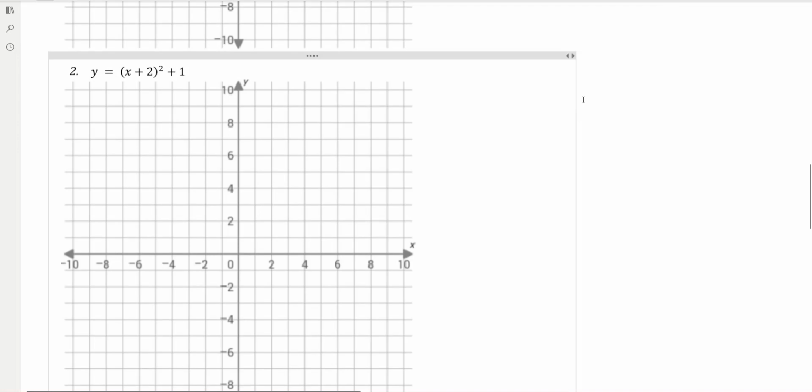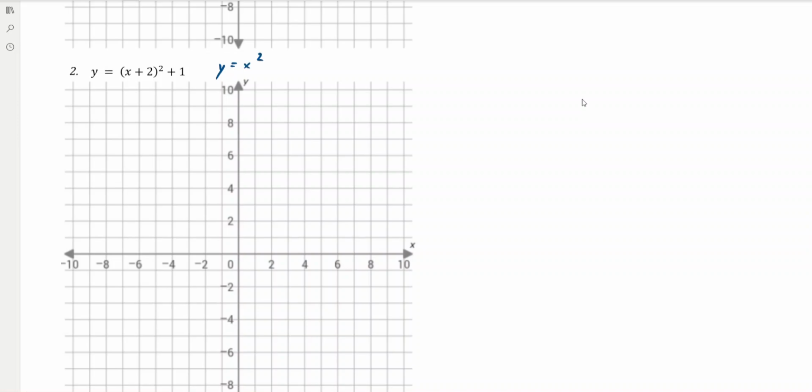Okay, trying out the next one here. What we have to do again is recognize the parent function is y equals x squared. So I can't get exactly the right graph here, but I can do a couple quick calculations to get the first view.